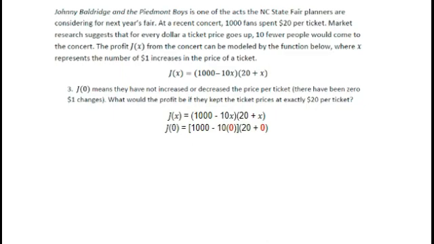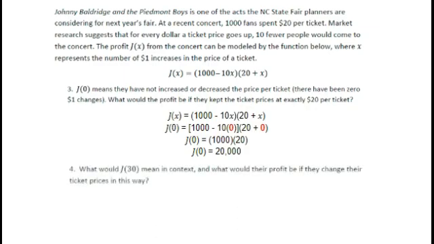Then we're going to simplify, and we find that J of 0 is equal to 20,000. And so that represents a $20,000 profit or income if they don't increase or decrease the ticket price at all. So if they continue to sell the tickets for $20 apiece, they would make a $20,000 profit, and they would have 1,000 people attending. And you can see the 1,000 is still there times the $20 per ticket.